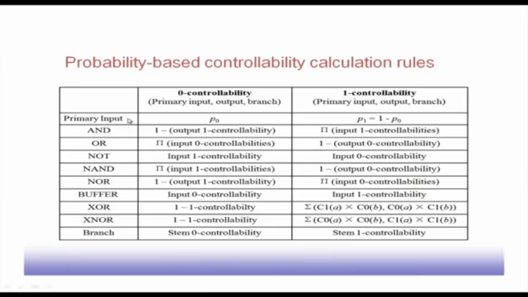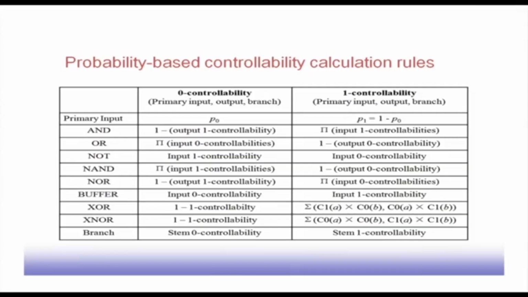For a primary input, the 0 controllability is P0, because I can very easily make that primary input line 0 by applying a 0 at the input, and the 1 controllability P1 is 1 minus P0. If it is coming from the environment, the environment will tell us how easy or how difficult it is to set a line to 0.